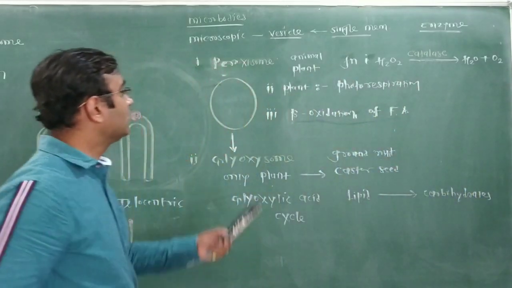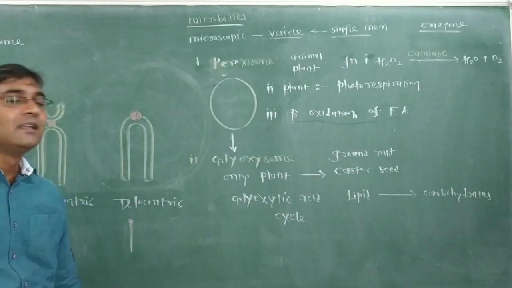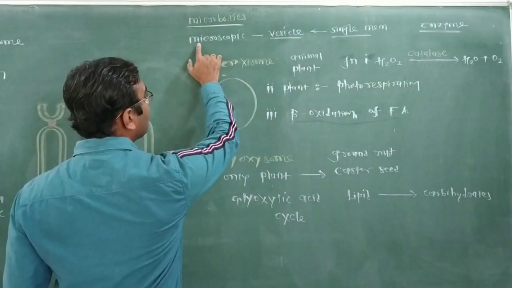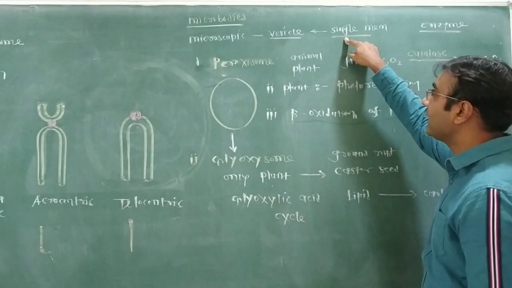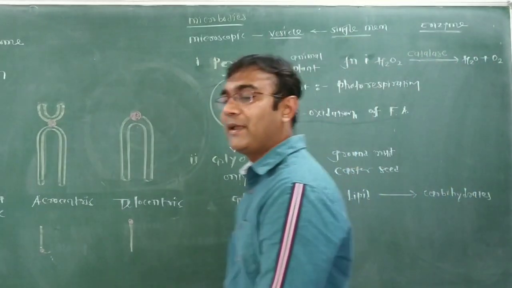So now there are two types of microbodies: one is peroxisome and the second is glyoxisome. Our textbook gives only a single line: microscopic structures, small vesicles surrounded by a single membrane and filled with enzymes, are microbodies.